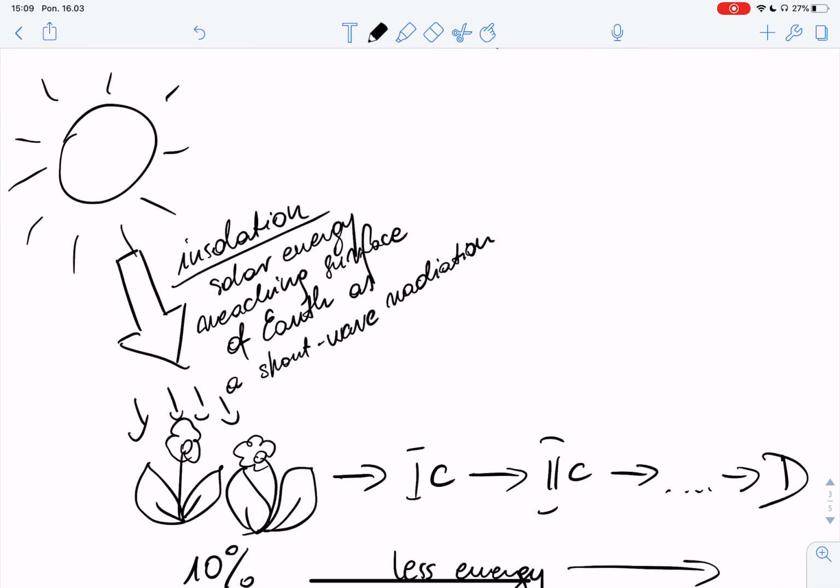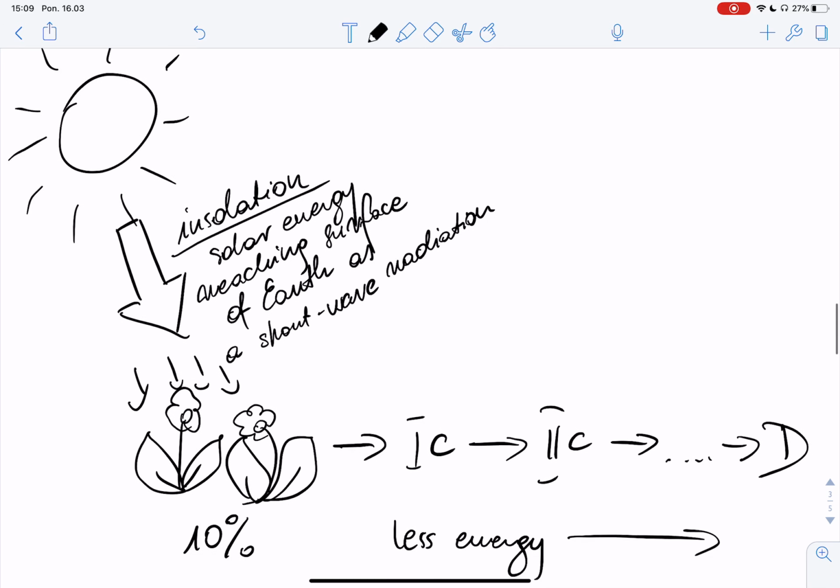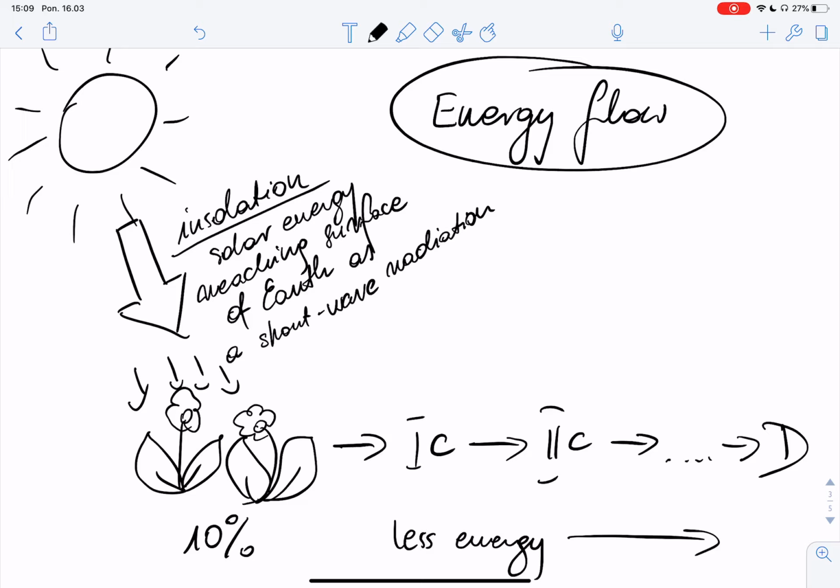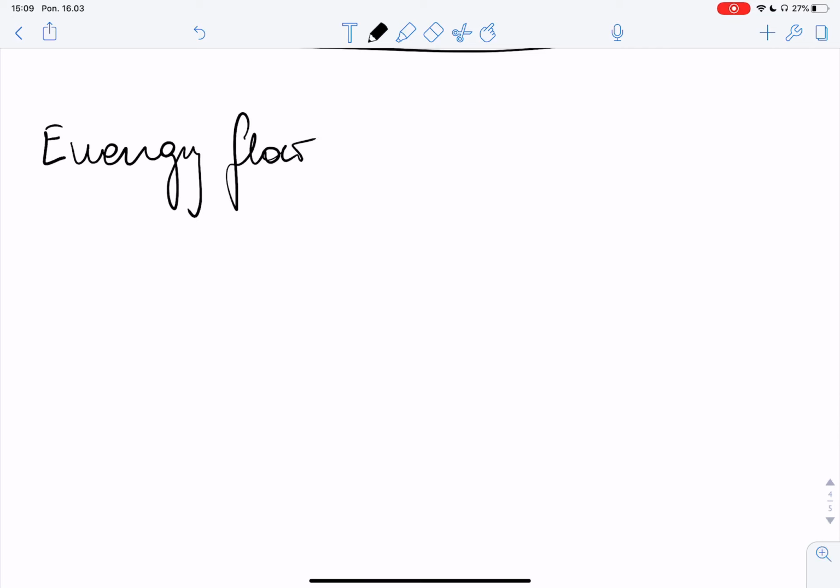Guys, and this is the process of energy flow. And guys, those two processes, energy flow and matter circulation, are the two most important processes that shape the way the world looks.